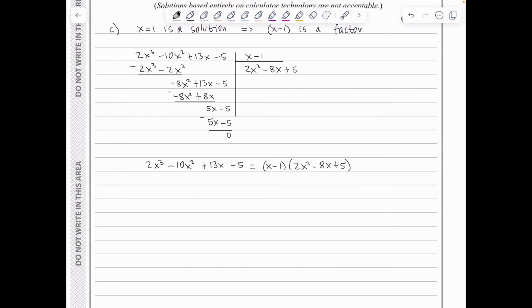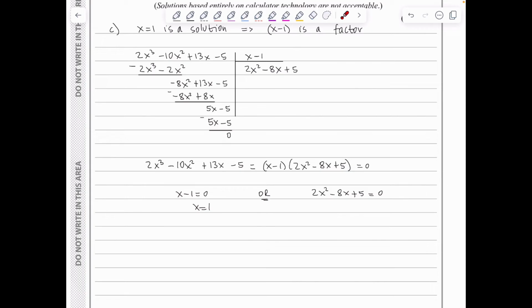Remember, we're trying to solve this being equal to 0, so obviously either x minus 1 is 0 or the 2x squared minus the 8x plus 5 is equal to 0. The x is 1 on the left-hand side is the stationary point that was actually provided by the question itself.